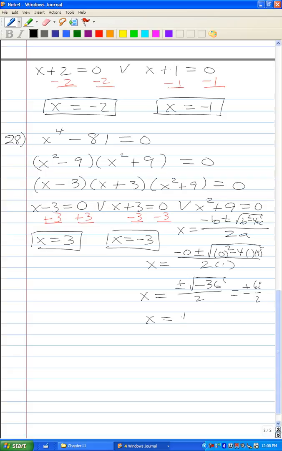So x is equal to ±6 divided by 2, which is ±3i.